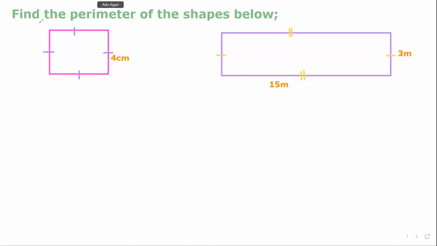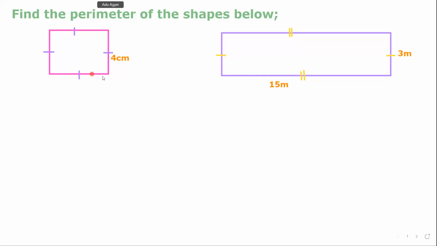Now, example. Once you have done converting from centimeters to millimeters and vice versa, let's continue to find the perimeter of the shape below here. Now we are going to use some of the steps that we learned before to calculate the perimeter, which will be the total distance around the shape.